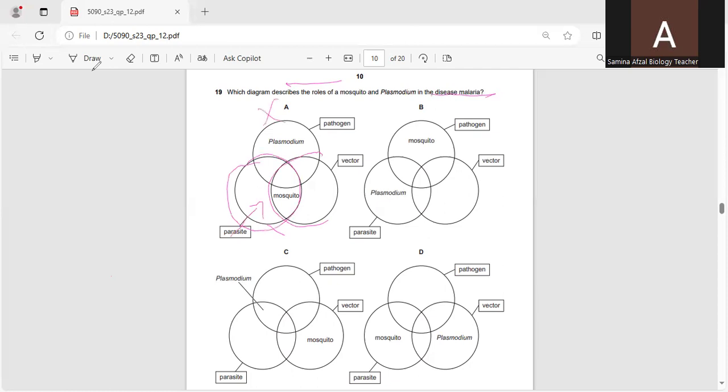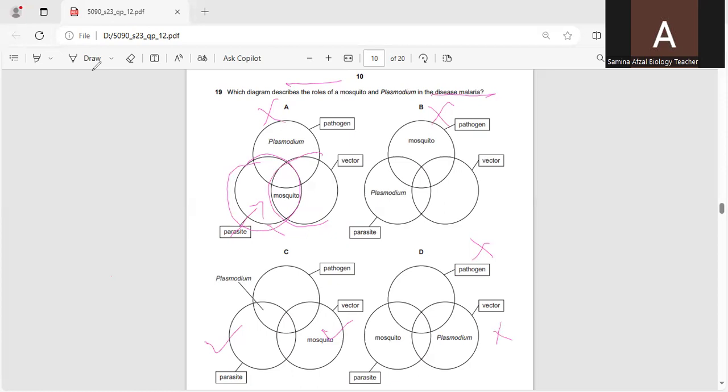And in B, pathogen, no, mosquito, no. And in C, you can see the pathogen and parasite. This is the plasmodium, and vector is the mosquito. And in D, you can see the mosquito, plasmodium. Pathogen is the disease causing agent.